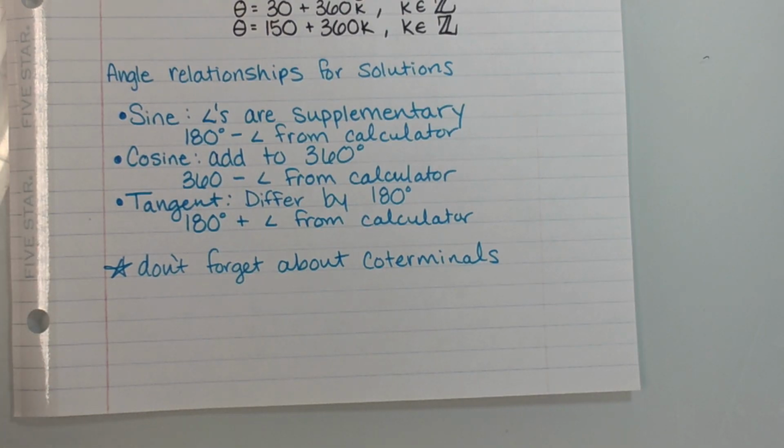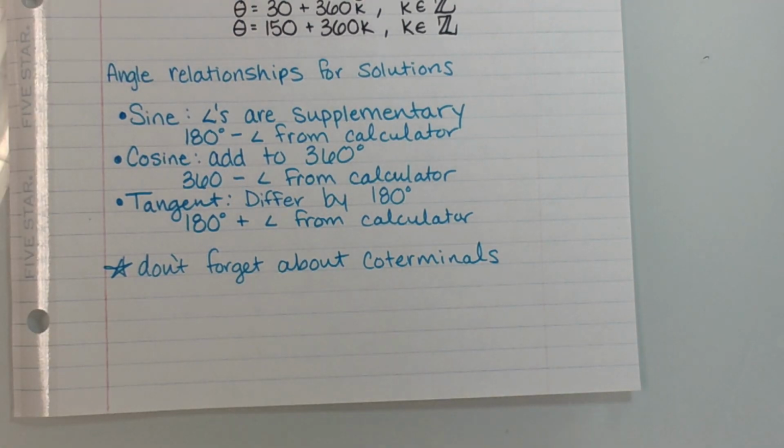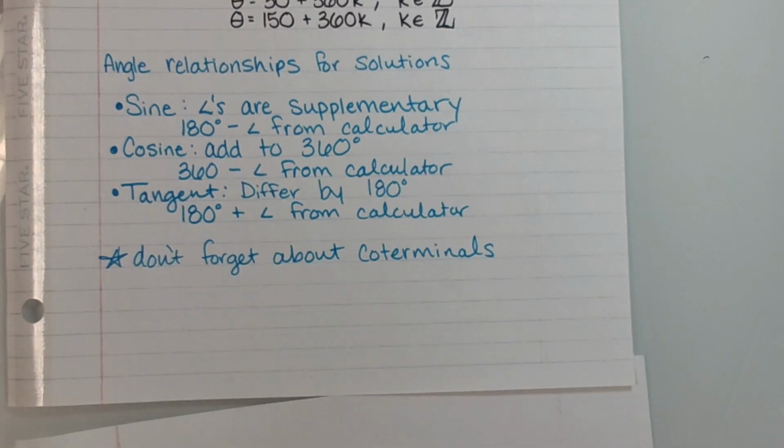Now, today we're going to start solving slightly more complex equations. We're not going to use the identities today. We'll bring up the identities next week in our solving. But today I want you to start seeing some of the more complex equations you're going to look at.